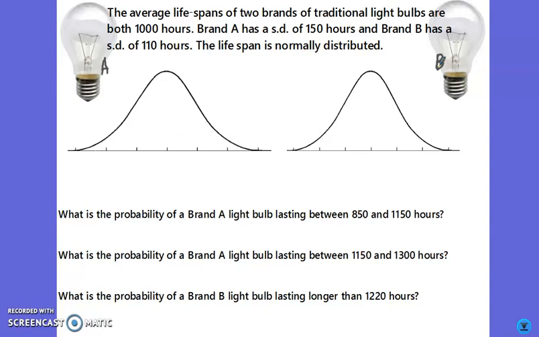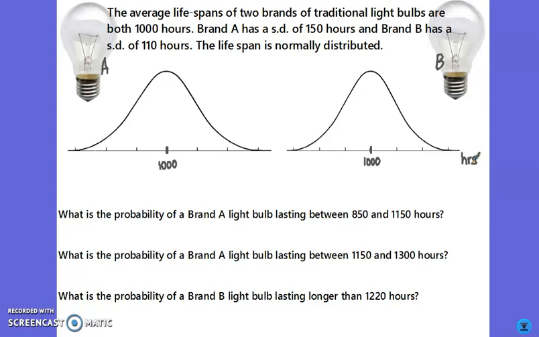And do you remember what goes in the middle? The expected value, or the average. We would expect the average light bulb, actually for both brands, to be 1,000 hours, right? Okay, and so then what are these other tick marks?